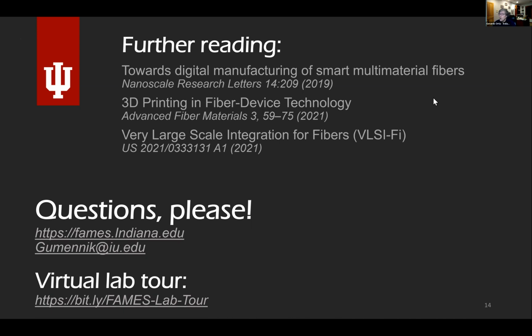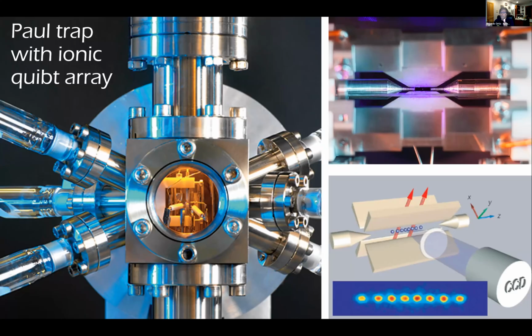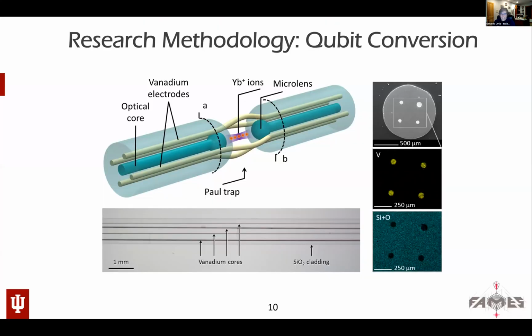So is it hard? Because you already draw, at least you show here and you showed before, the metallic electrodes. Is it hard to draw, even not a very long one, maybe something like 10 centimeters or 20 centimeters, where the only thing you do is create this Paul trap there?